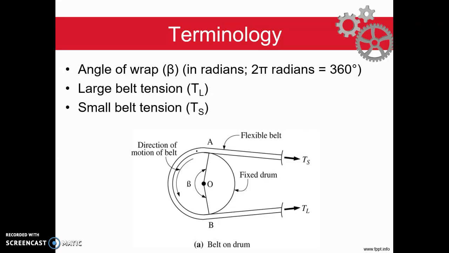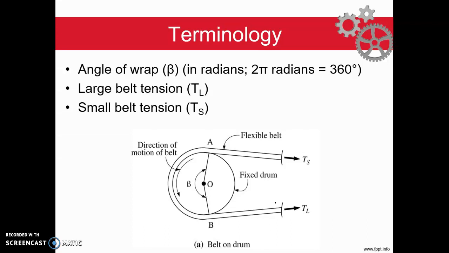When this belt wraps around this fixed drum, there is going to be friction between it and the drum, just like there was friction between the box and the plane, the either horizontal or inclined plane on which it was sitting. And so that friction force is going to affect the static equilibrium.